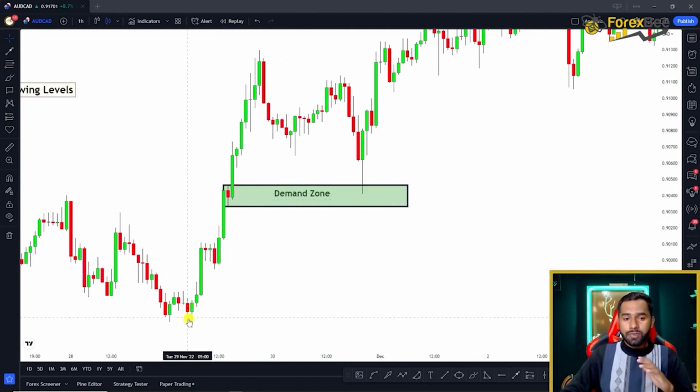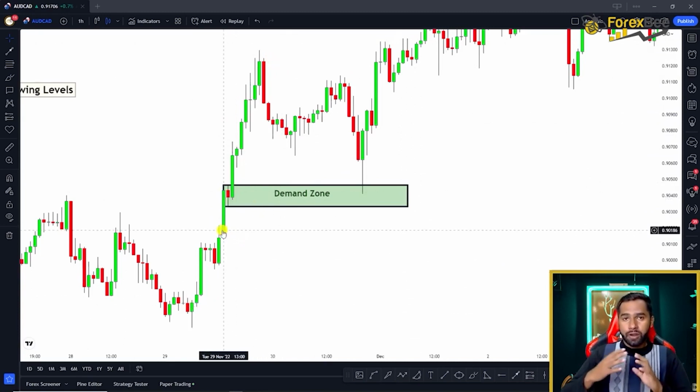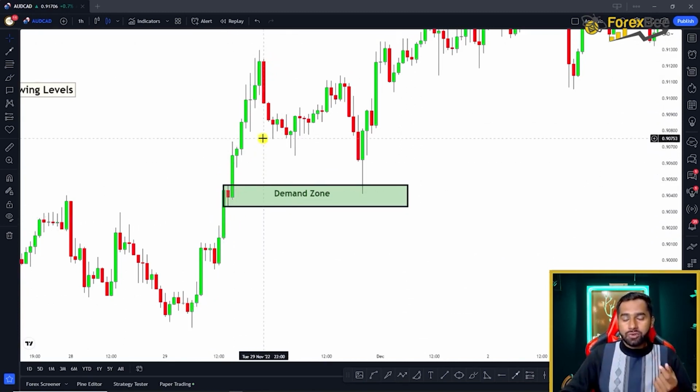Now when we take the Fibonacci retracement tool and draw the retracement for this bullish move, so the Fibonacci retracement tool, if you're not familiar, is a tool that is used to calculate the retracement levels for big moves. It could be either in the bullish direction or bearish direction. So let's say from here to here, the market moved very impulsively.